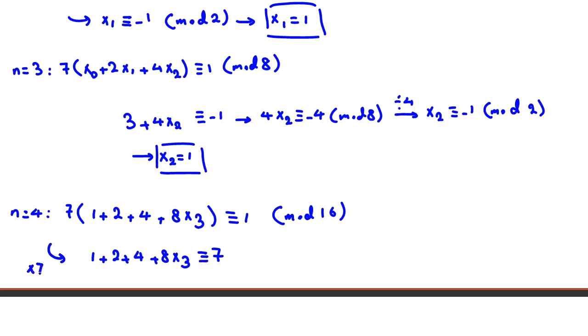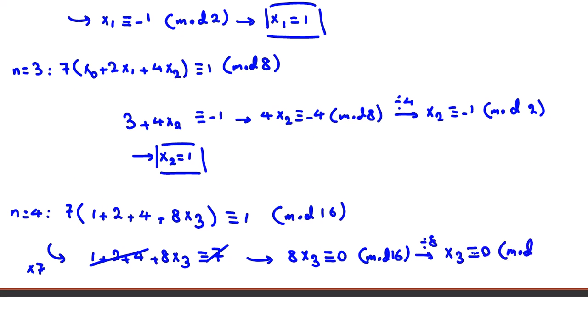Then we multiply by 7 because 49 is 1. Now 1 plus 2 plus 4 is 7. You can subtract 7. So we can conclude 8x3 is 0 mod 16. Now if we divide both sides by 8, x3 is 0 mod 16 over GCD of 16 and 8, which is 8, so mod 2. So we can conclude x3 is 0.